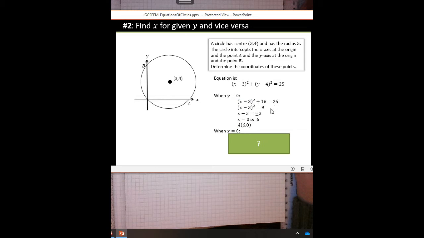Here come some questions. Pause it. When you come back, I'll talk you through the answers. Okay, so for the first question, I write out the equation. I set my y to 13, solve the corresponding quadratic.